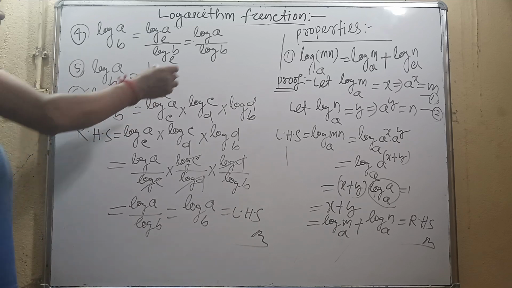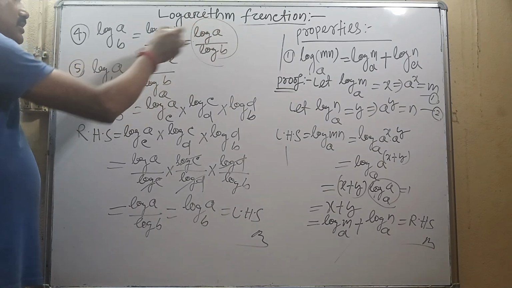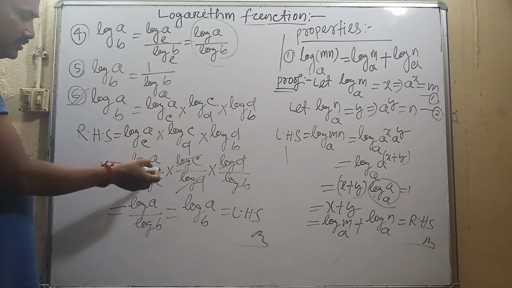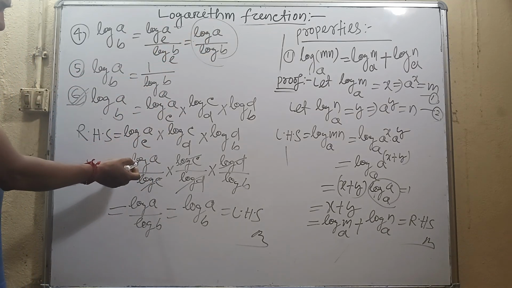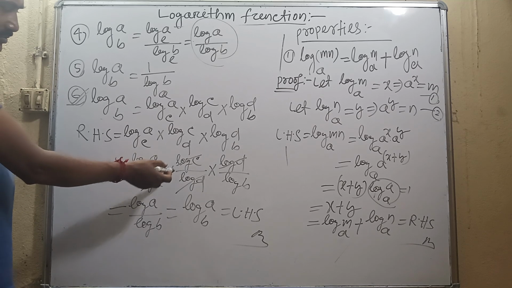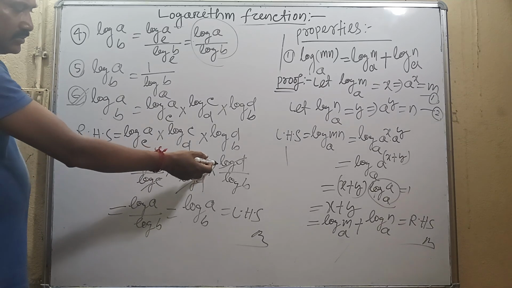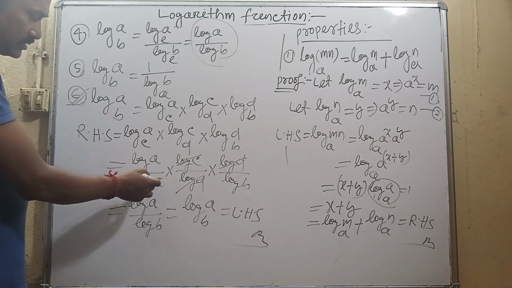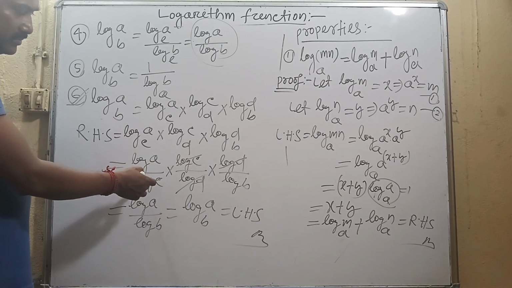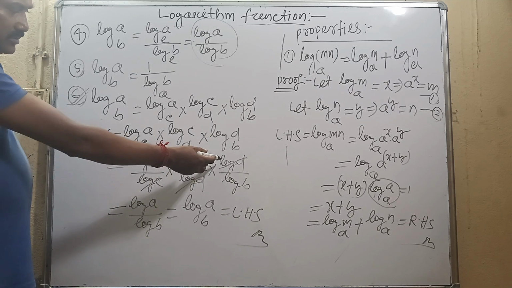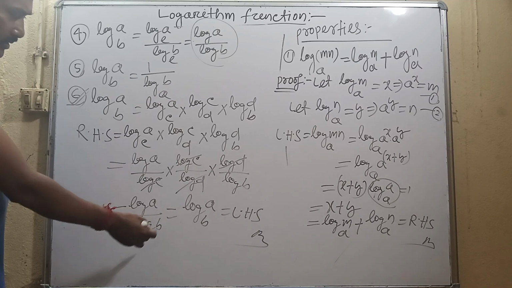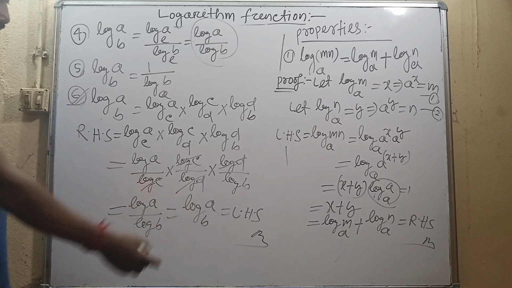Then log a base b equals log a base b. Here is exactly the same process: log a divided by log c into log c divided by log d into log d divided by log b. Here log c in numerator and denominator cancel, log d cancels, and we get log a divided by log b, which is again log a base b.